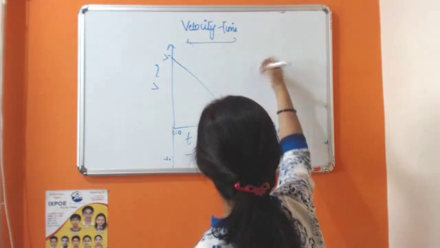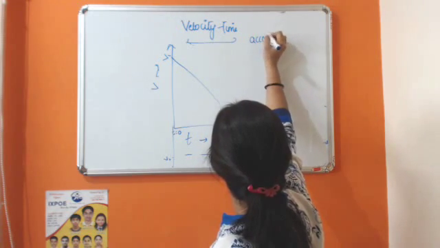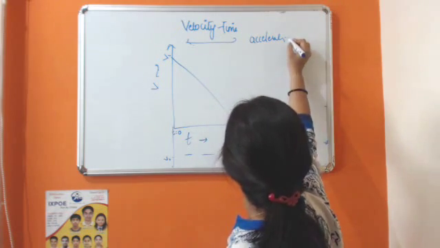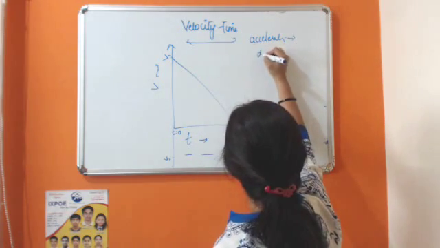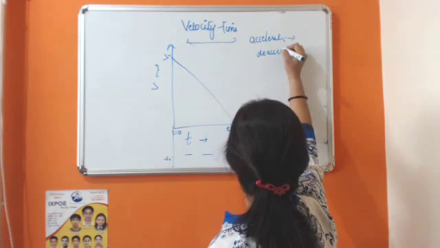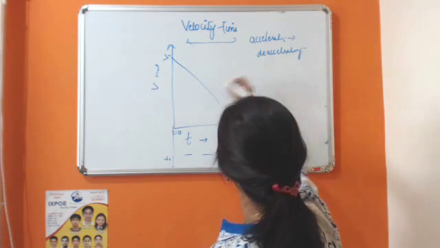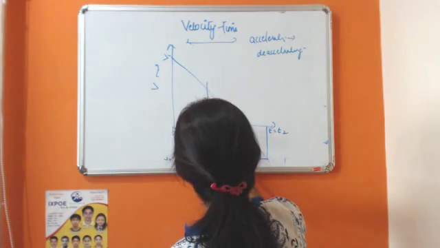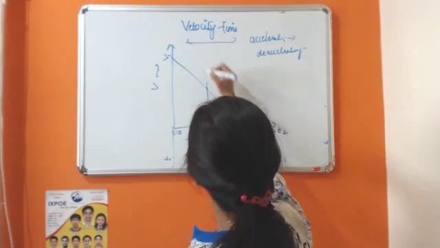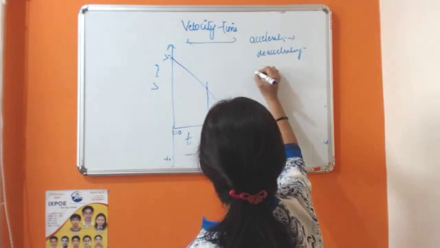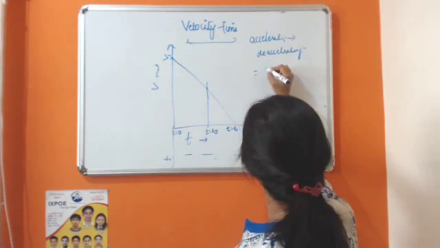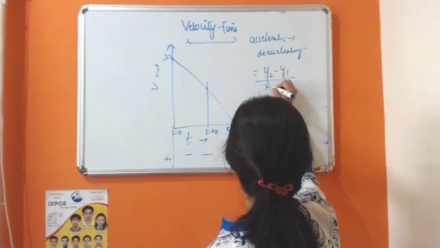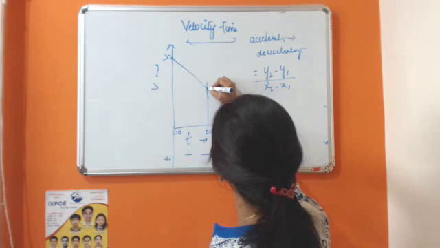Now, if it comes to finding acceleration, then we can see that as the time is increasing, the velocity of the body is reducing. That means the body is de-accelerating. If suppose I ask you to find acceleration at time t is equal to t naught, then acceleration is slope of the curve, and formula for slope is difference of y coordinates divided by difference of x coordinates.